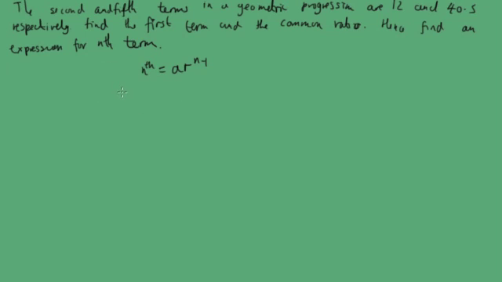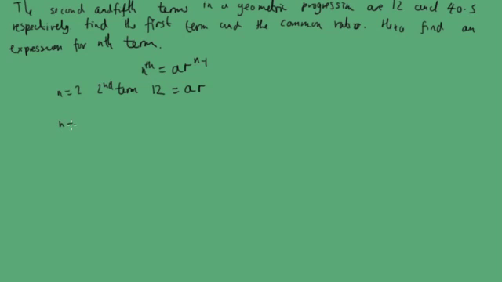So for n equal to 2, the second term is 12, which is equal to A R, where we don't know what A is and we don't know what R is, and 2 minus 1 is just 1.